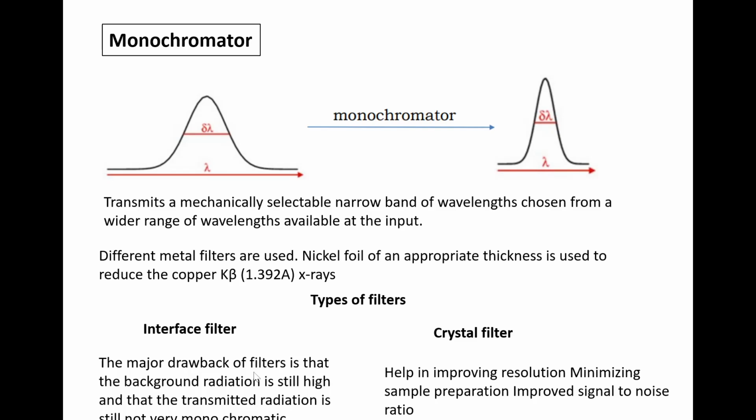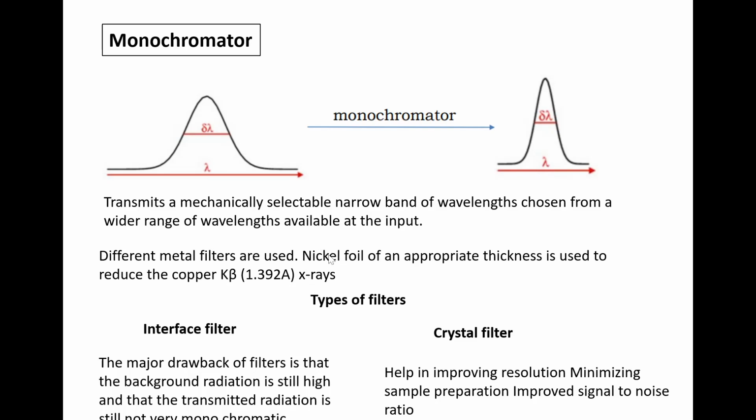For that we only require the 1.5 angstrom to go and hit the crystal, and we don't require the K beta, and that can be done by filtering out this wavelength using the monochromator. Sometimes different metal filters are also used, like a nickel foil filter, which can obstruct the K beta X-rays.